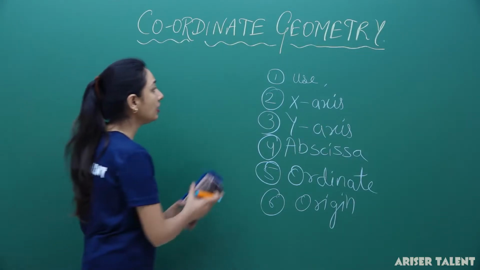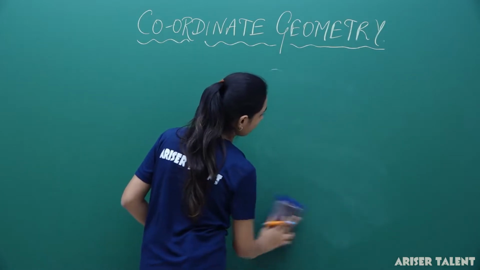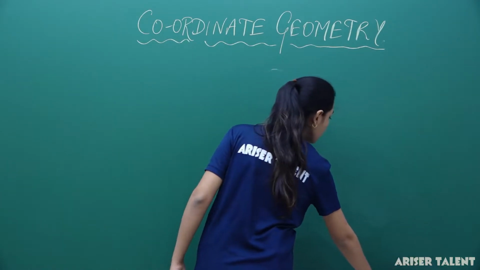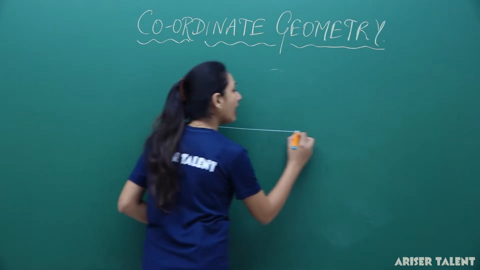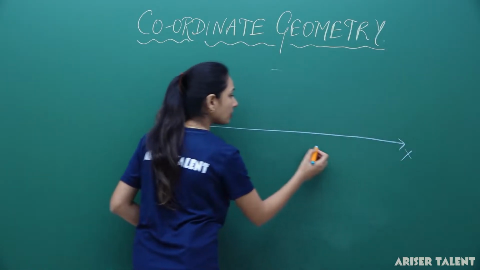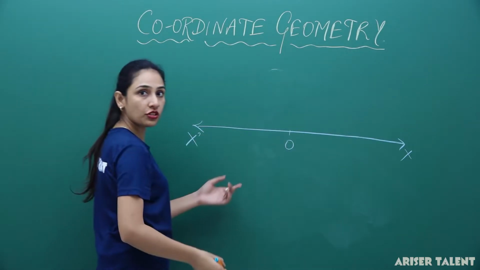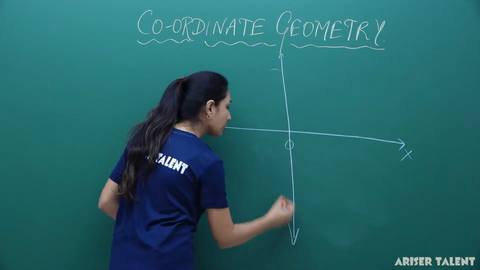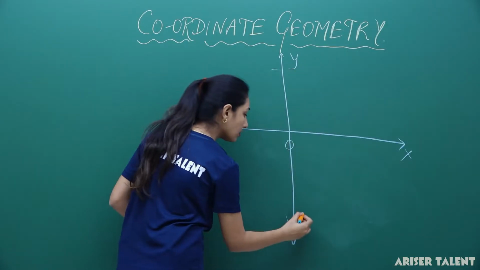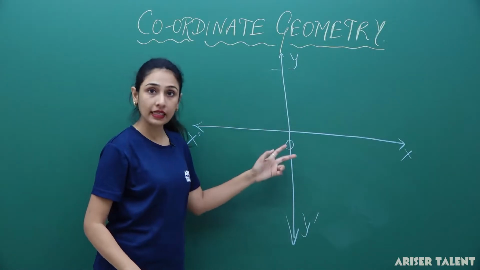Now, today's lecture. I was telling you that we have this X'OX, right, this was our X-axis, and this Y'OY, which axis? Vertical axis.